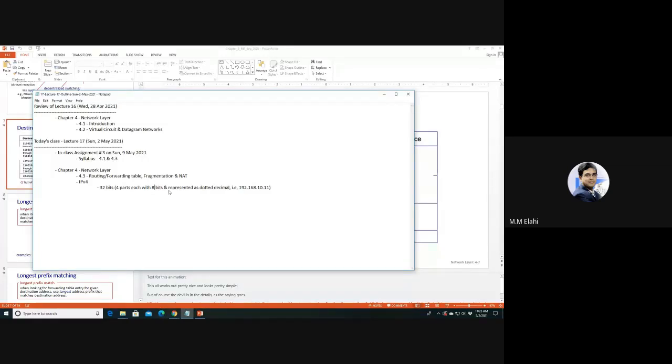If we convert 8 bits to decimal, it can be 0 to 255 each part. So there are 4 parts, 1, 2, 3, and then 4. So 4 into 8, 32 bits.